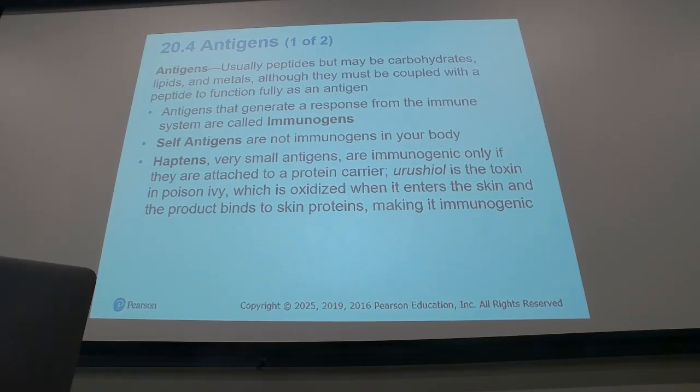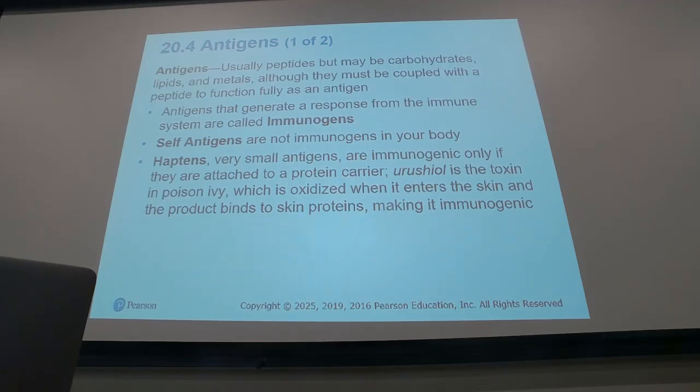Now, in our cells, we have self-antigens. These self-antigens are not immunogenic. They shouldn't let you set off an immune response. Because if they do, then you will have an autoimmune disorder, a disorder in which your cells attack your own cells.